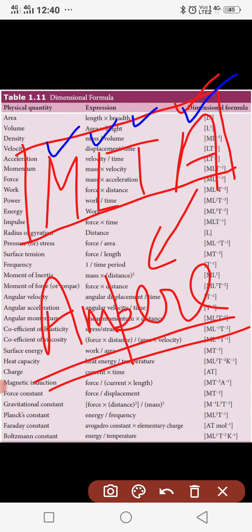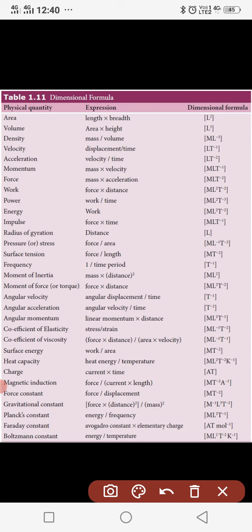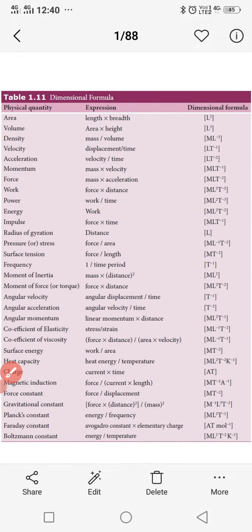I hope it is clear that a dimensional formula is always written in terms of MLTA. Now the first dimensional formula we'll see is of area.